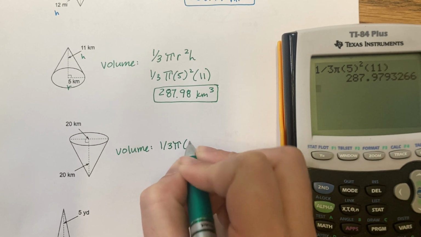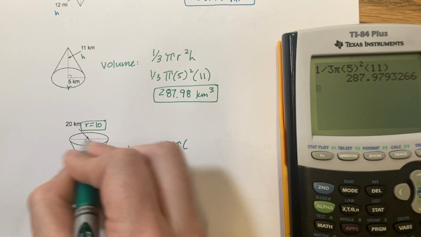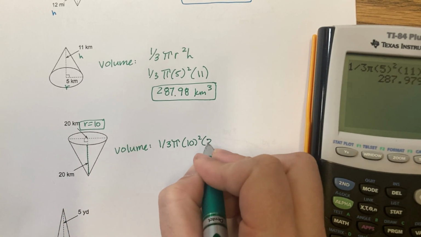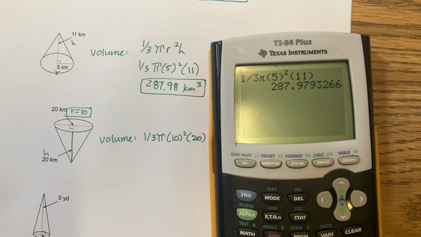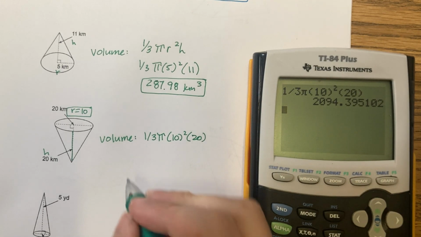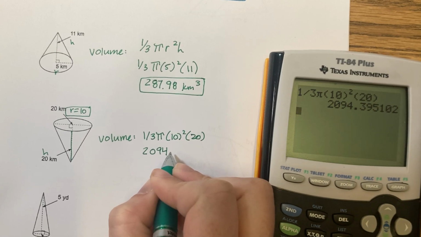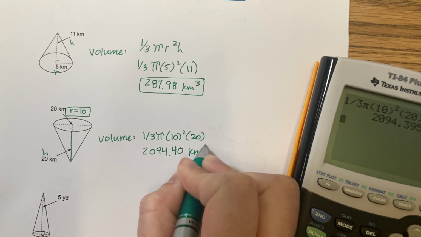One-third pi radius. My radius is a 10, if I cut it in half, times the height. One divided by 3, pi 10 squared times 20. Kilometers cubed.